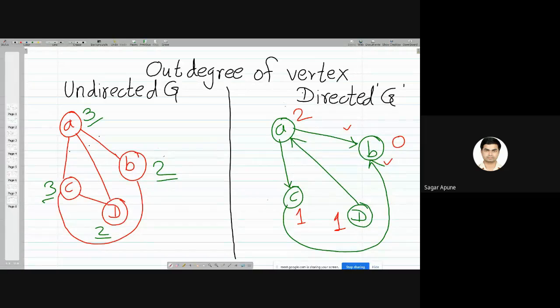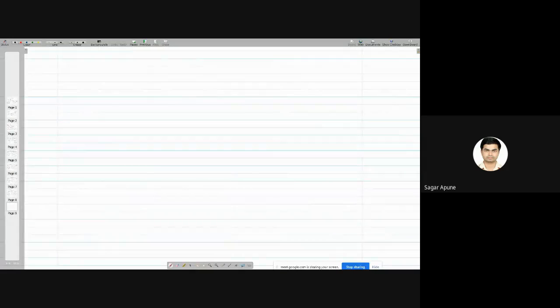Okay. Next example you have to solve. Suppose my example has vertices A, B, C, and D, and direction is there.